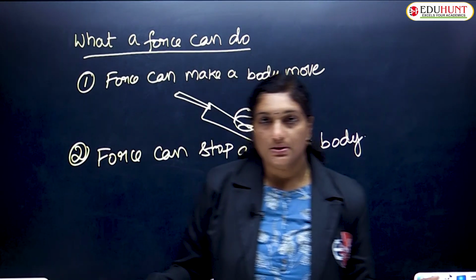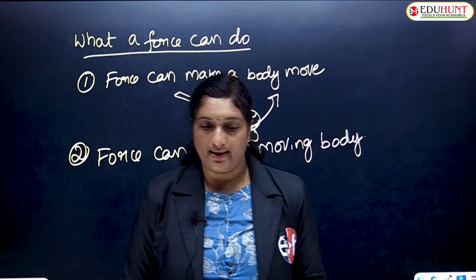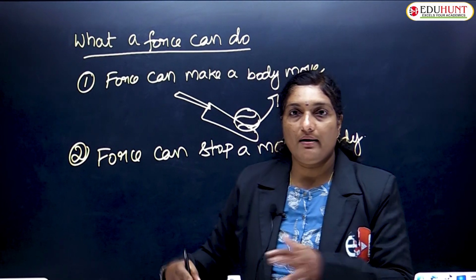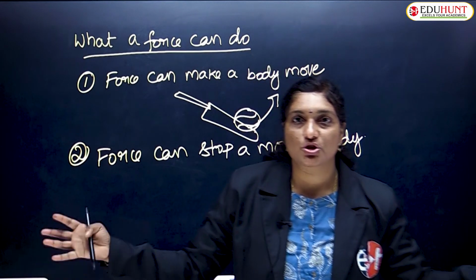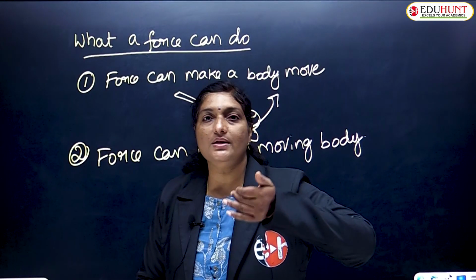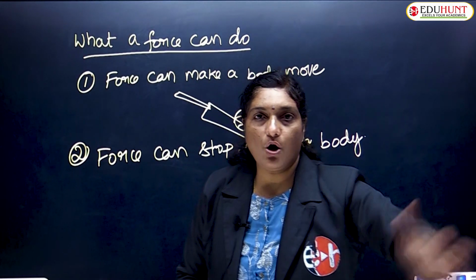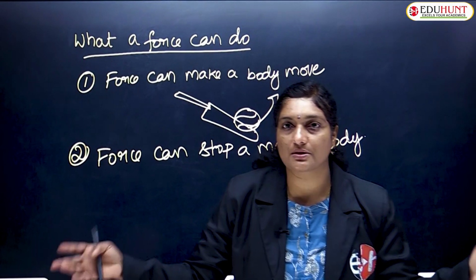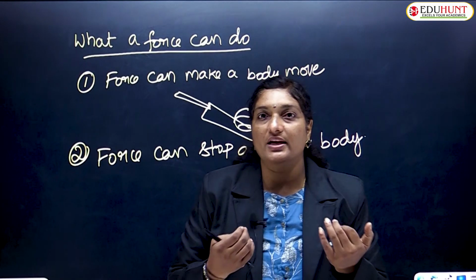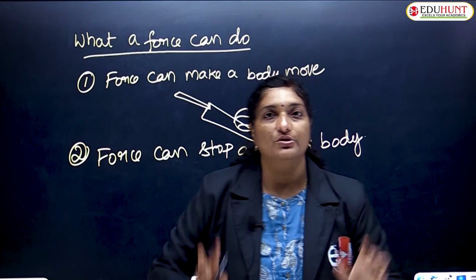Children, suppose you are playing football, and the goalkeeper is trying to stop the ball. Whenever the ball is approaching the goalkeeper with a lot of force, the goalkeeper tries to stop it by applying a large amount of force.